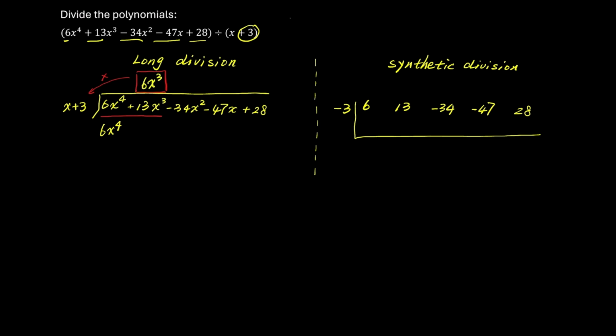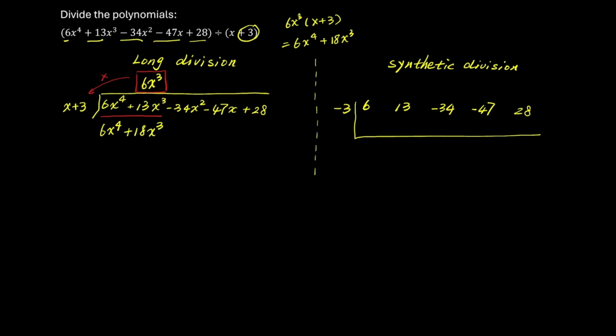So if I have 6x cubed times this x plus 3, we have 6x to the power of 4 plus 18x cubed.